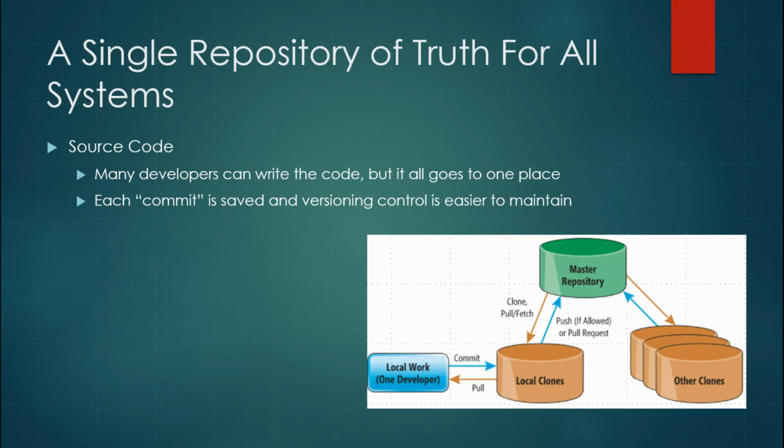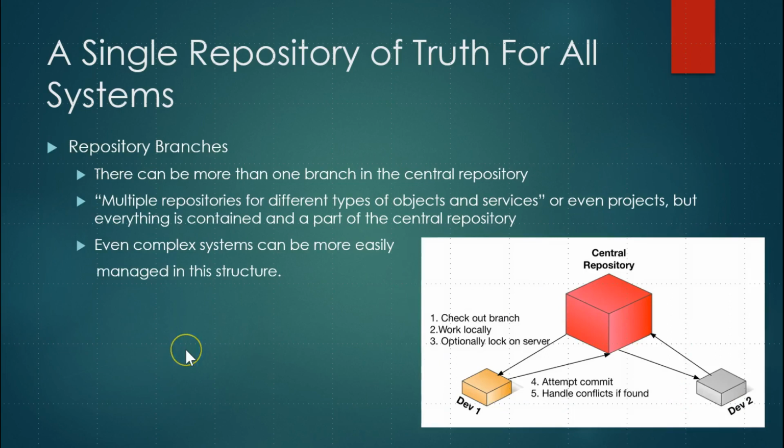With your master repository, you've got your local clone on your machine, and everybody else has their own clone. But you can also branch off from that, and those are called repository branches. There can be many branches as part of a single repository.